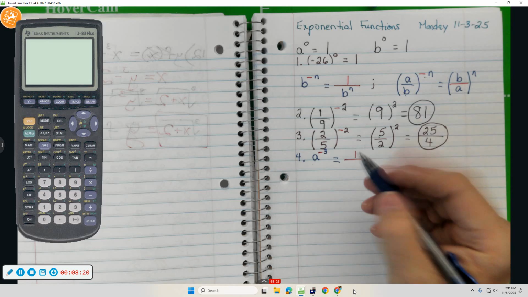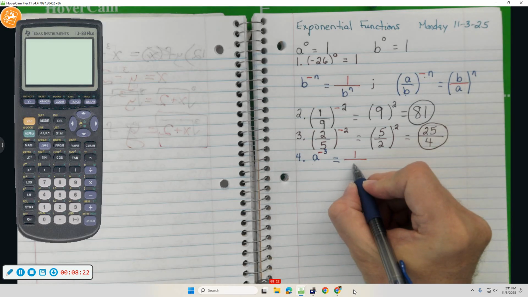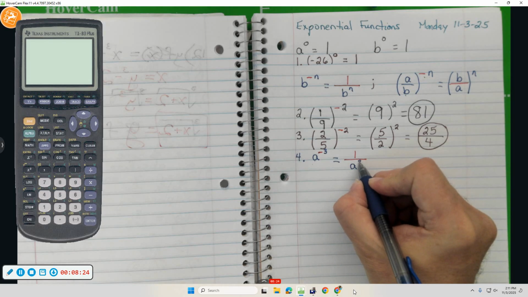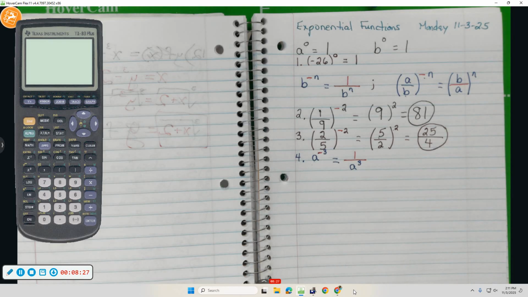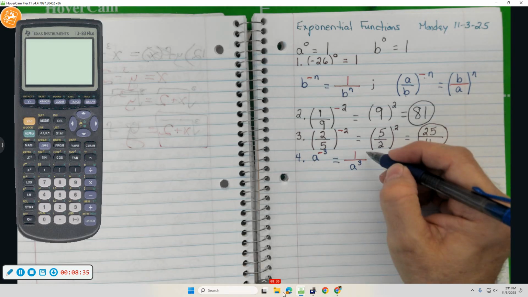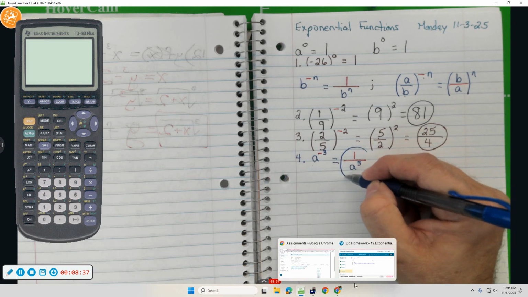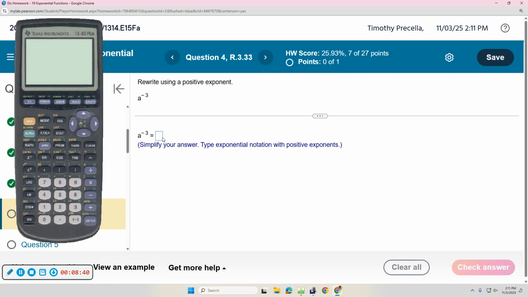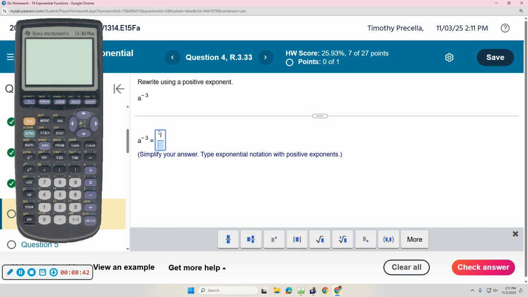And what am I going to put in the bottom here? A cubed. Very good. So a to the negative 3rd is another way of writing 1 over a cubed.